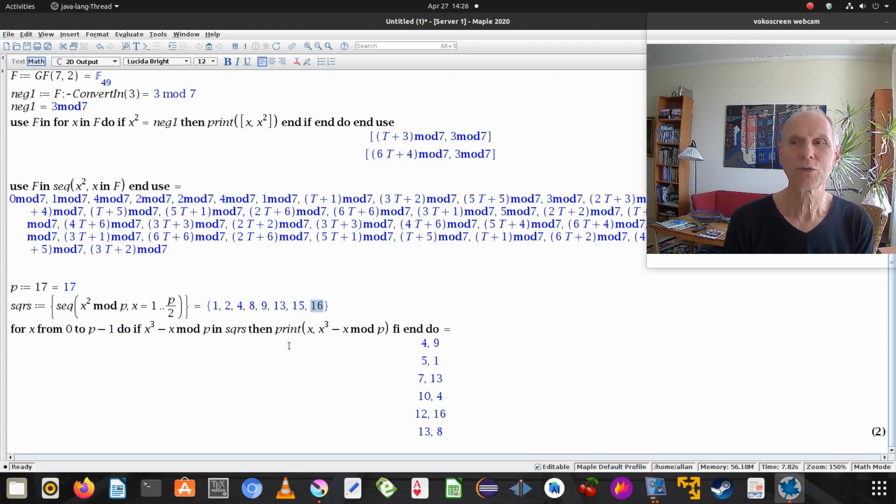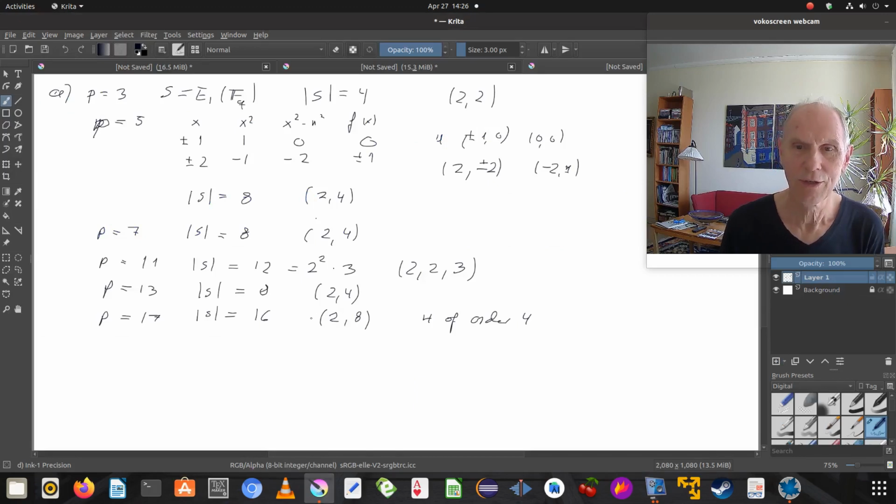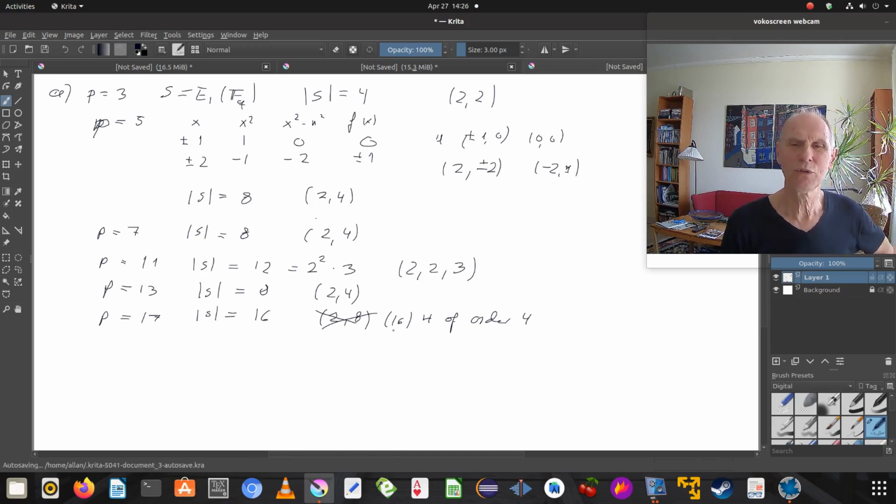That means that we should have... Oh, that's just possible. It's of type 16. It can't be. Then we've only got 2 points of order 2. If it's just the cyclic group of order 16. But then we would have.